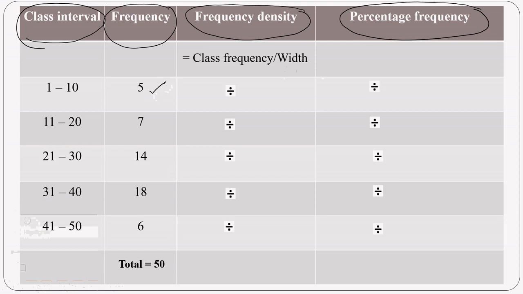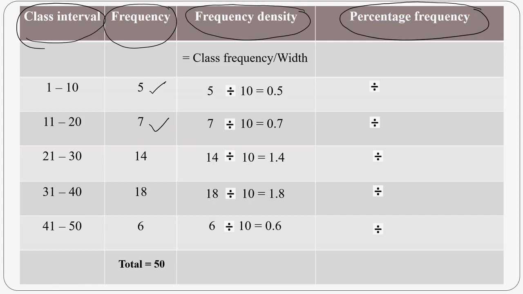So 5 divided by 10 is equal to 0.5. The next one is 7. 7 divided by 10, 0.7. Same way, 14 divided by 10, 1.4. 18 divided by 10, 1.8. And 6 divided by 10, 0.6. So this is how we calculate frequency density.